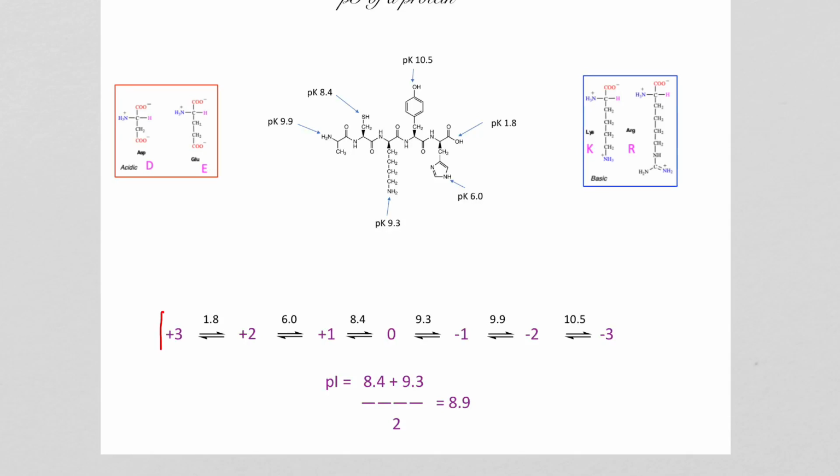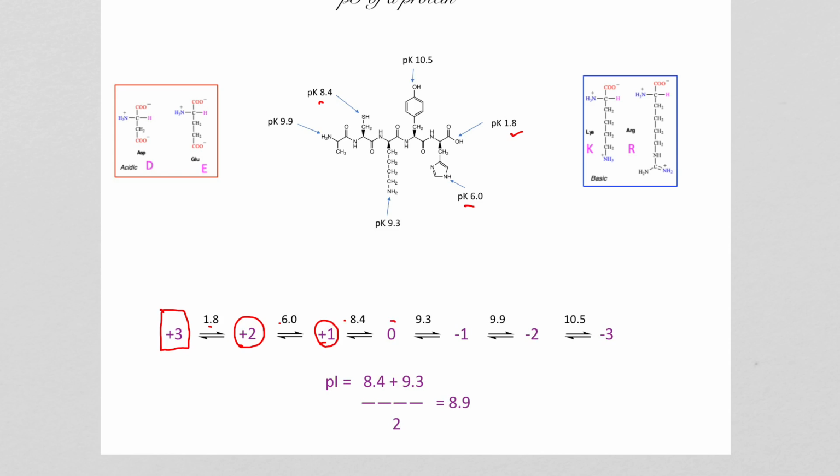So once you know the net charge of the structure that is fully protonated, then we simply start with the lowest pK. It's 1.8. That will give you another structure which has a net charge of +2. Then the next lowest pK is 6. 6 will give you a structure of +1. Next lowest pK is 8.4.